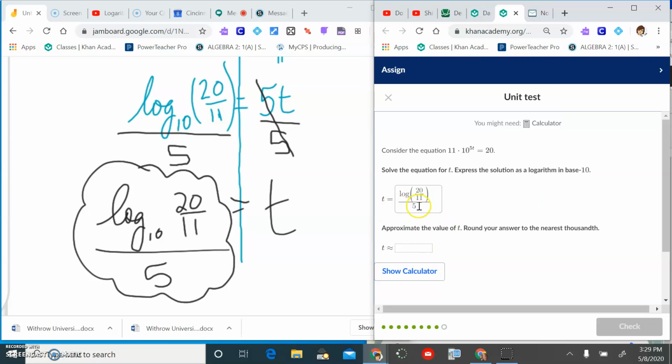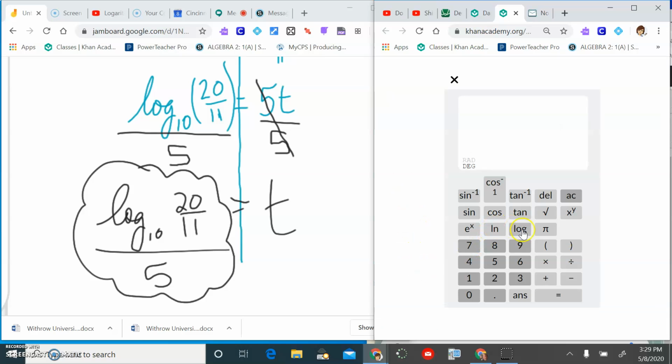And then to do the approximate, we'll plug it into any calculator you like, since log base 10 is on every scientific calculator. Log base 10 of 20 divided by 11. Just make sure you have that whole thing in parentheses with your log before you hit divide by 5. Then hit equals.